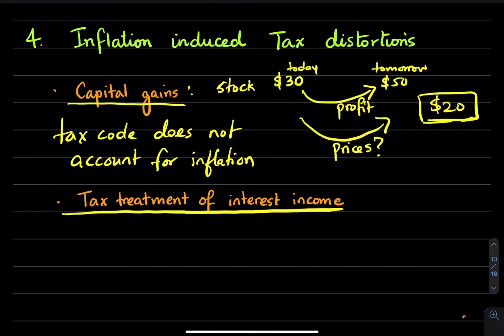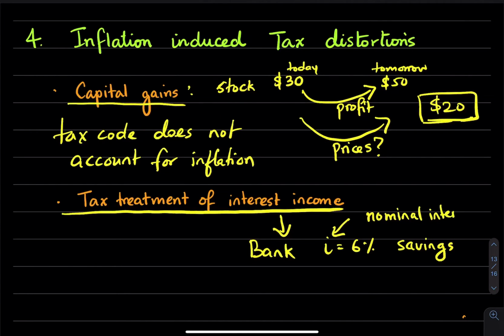Okay, so the idea is that whenever you have interest income, if you're putting money in a bank and the bank gives you, let's say, 6% on your savings per year, the government is going to tax the nominal interest rate.